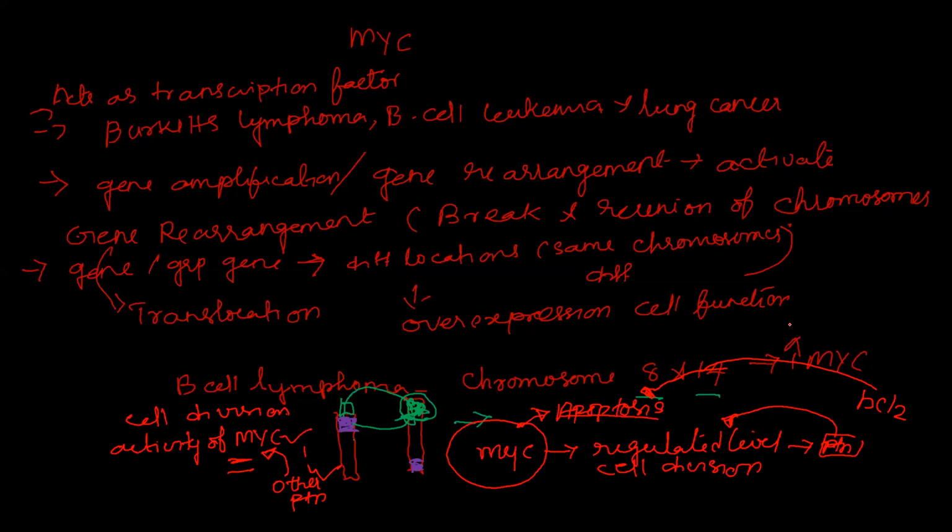Gene rearrangement means there will be a break and reunion of chromosomes, like translocation. The level of this gene has to be maintained properly, because there is a chance that another protein will come and bind to it, and the balancing will be disturbed, as a result of which the cell division may be progressive.